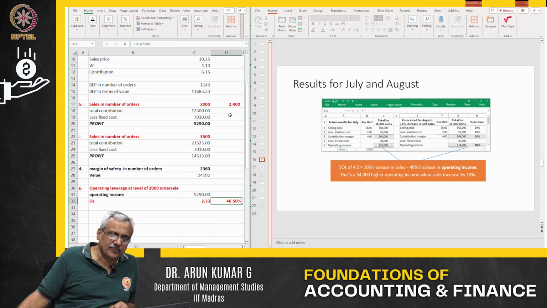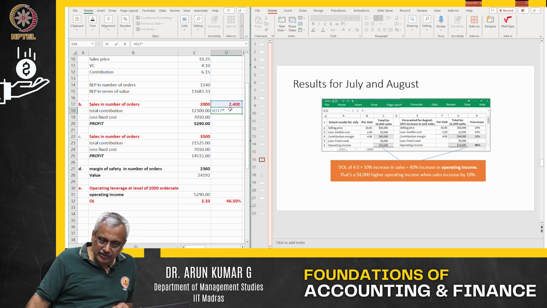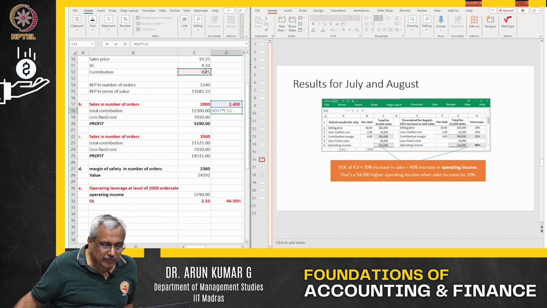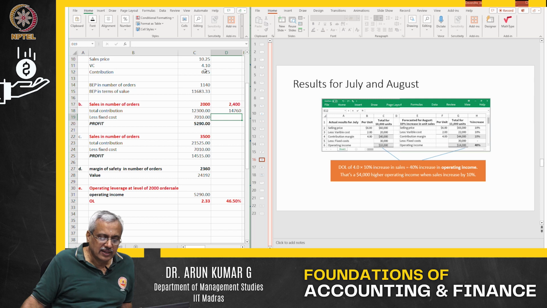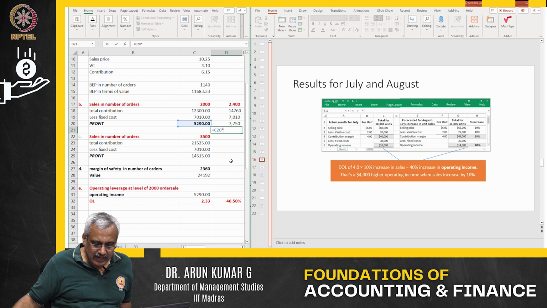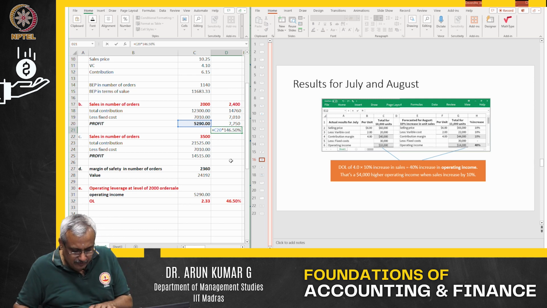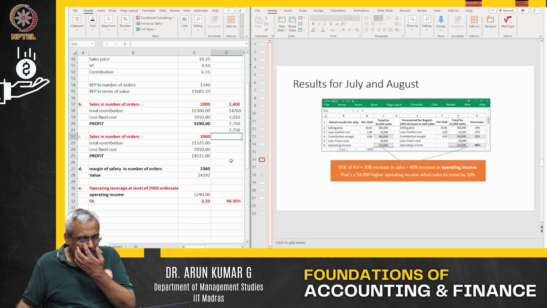Let us verify. How do we verify? Contribution, this into 6.25 contribution. Fixed cost, the same. My profit, let us see, is this. Is the increase in profit 46.50%? This is the profit last time into 146.50%. Let me see, it is exactly the same.